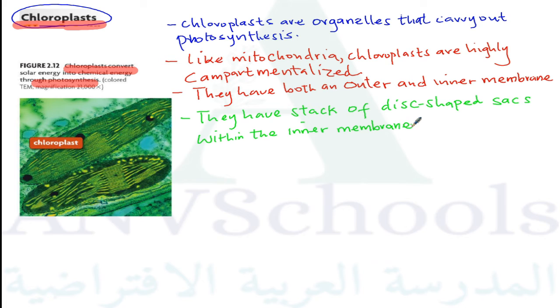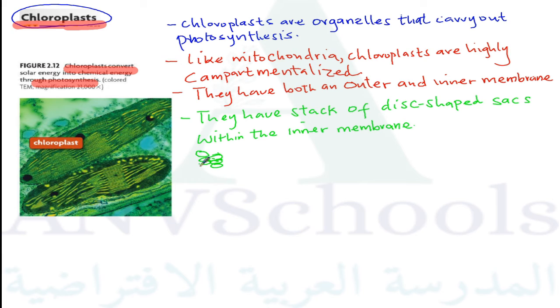If you observe closely, you will see stacks that look like small round balls, green in color. These disc-shaped stacks are called thylakoids.